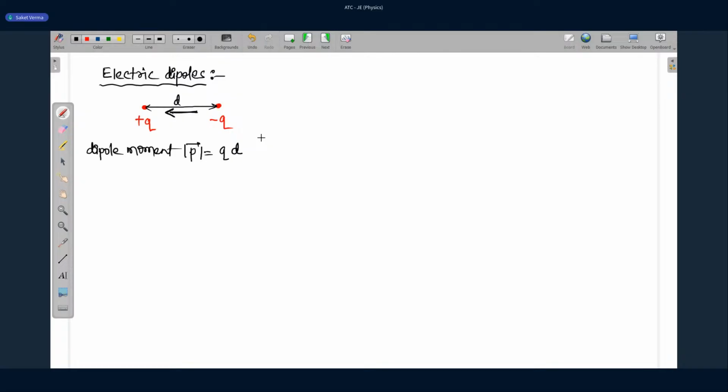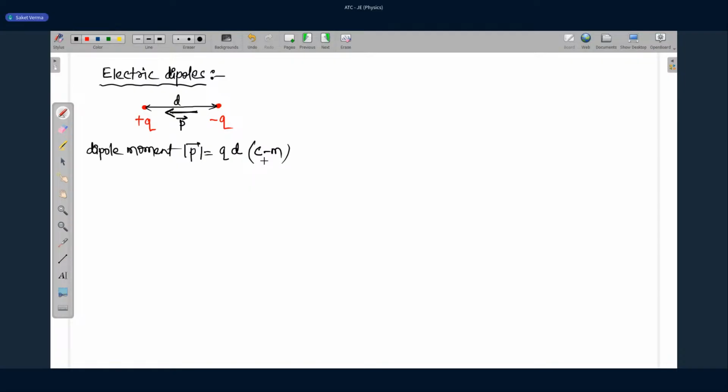The electric field has the direction from positive to negative, but the dipole moment will be from negative to positive. The midpoint, at d by 2, is called the center of the dipole. What is the unit of dipole moment? The unit of dipole moment is coulomb meter, as it is charge into the distance between them.